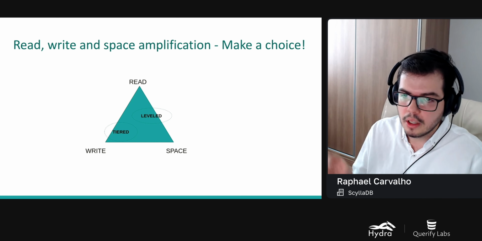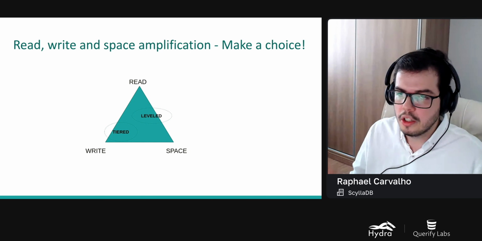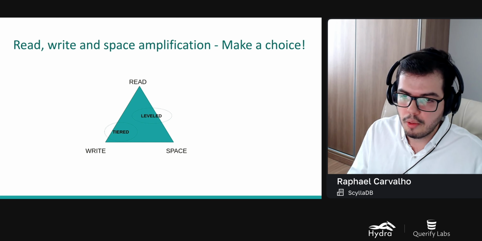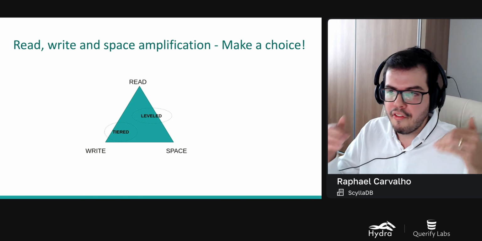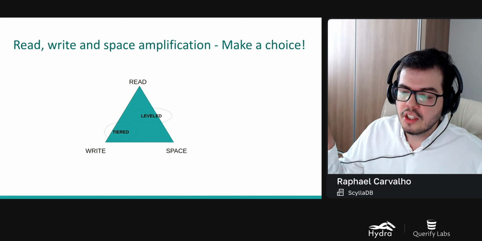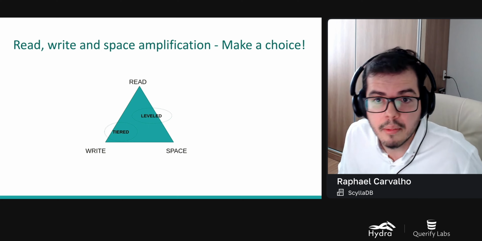So this is more or less how it looks. You have the leveled policy, which is good for read and space, but it sucks at write amplification, and also the other way around. This is the three-dimensional efficiency space, which represents the trade-offs. A policy cannot be optimal at all factors at the same time.